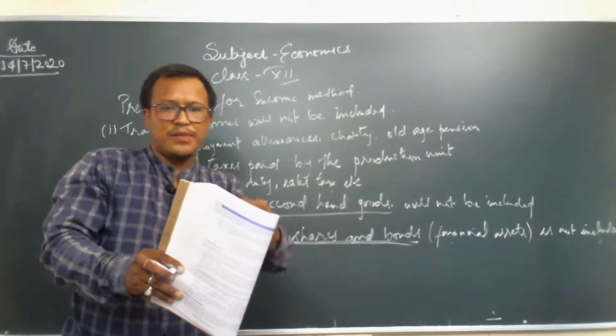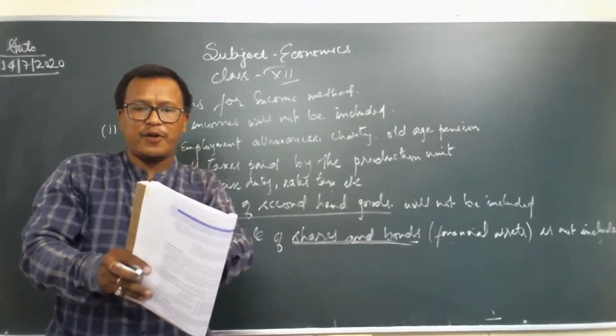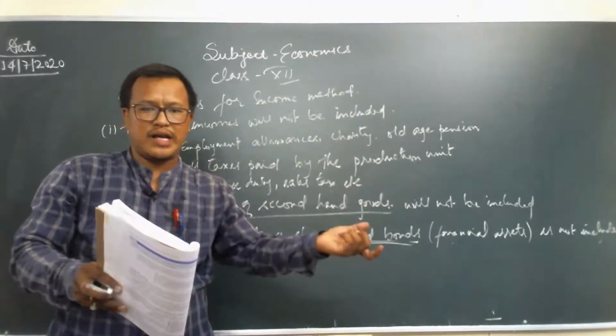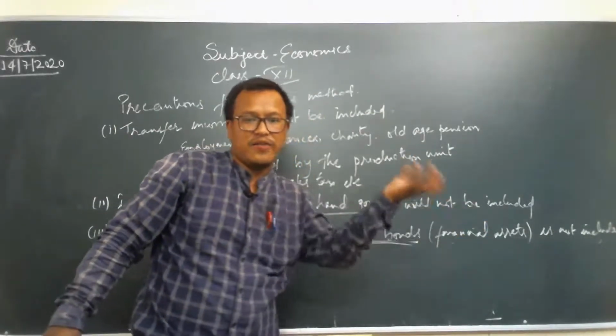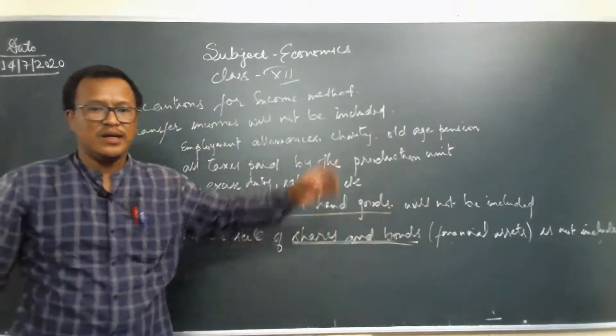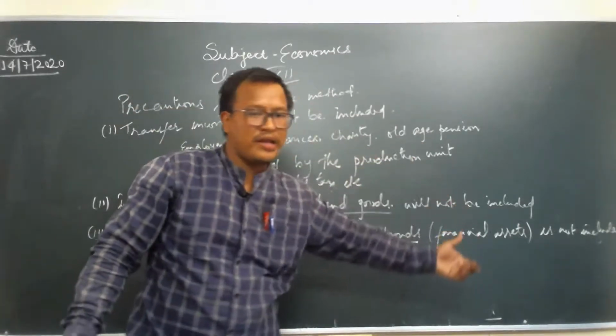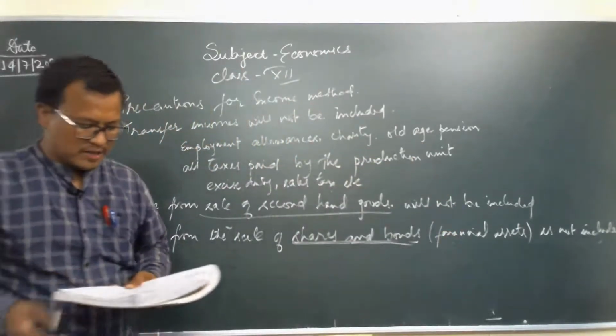Whatever commission that third person gained from me will be included in national income. But the value of those financial assets, the shares and the bonds, will not be included in the calculation of national income.